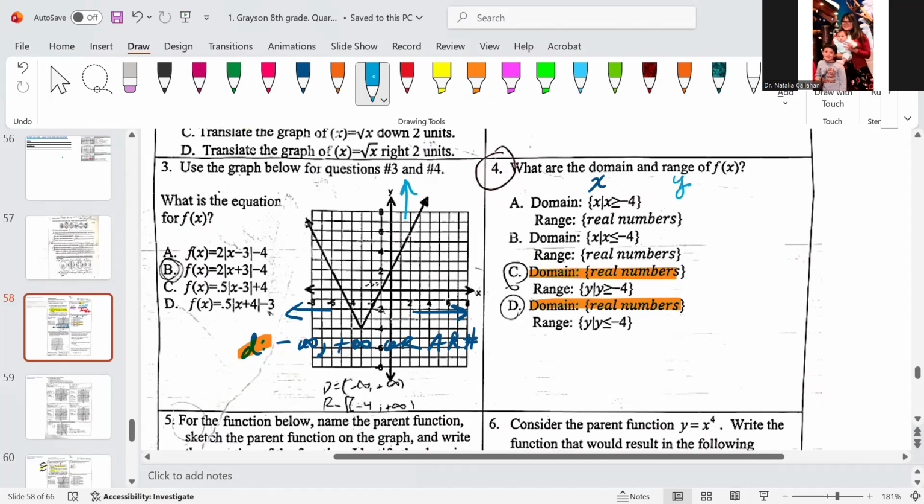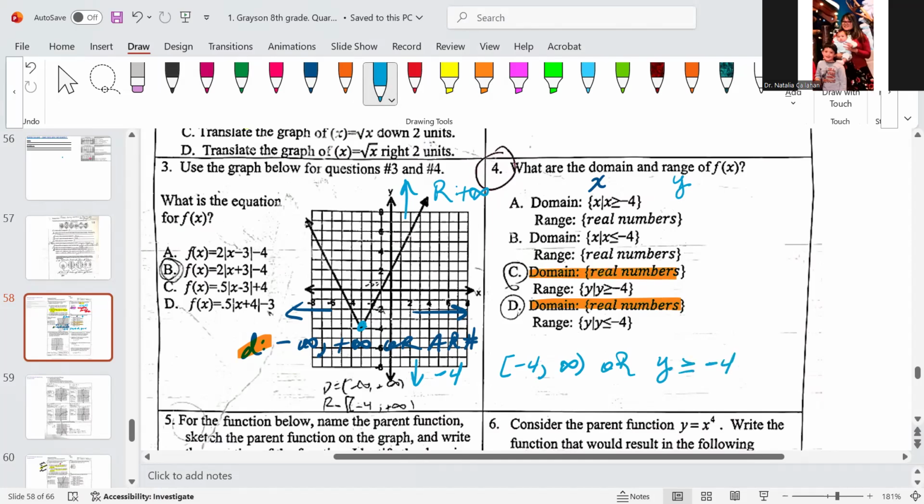Look at going up and look at going down. How far down does it go to? -4, correct? How far up does it go to? Infinity. So you could do -4, comma, positive infinity, or y is greater or equal to -4. So which one is it going to be, C or D?